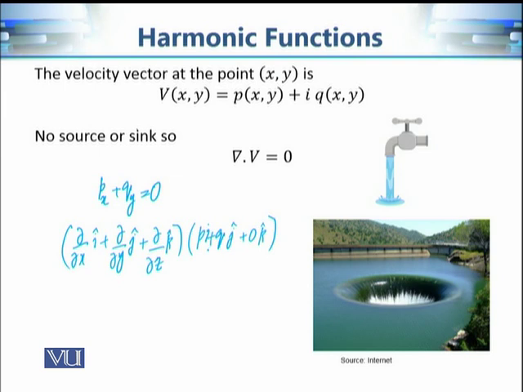When we take this dot product, it becomes partial by partial x of p plus partial by partial y of q equal to 0. So this is the second condition on the components of this velocity vector field, which must be irrotational with no source or sink of the fluid.